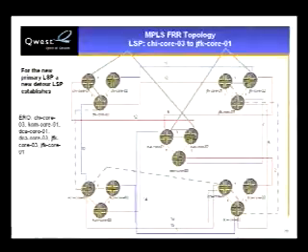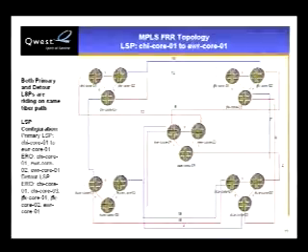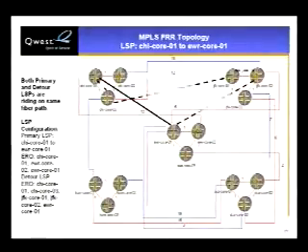And the third example that I have here is where both primary and detour LSPs are riding on the same fiber path. If there is any fiber cut along the fiber route, we're going to lose both the primary and detour LSP.